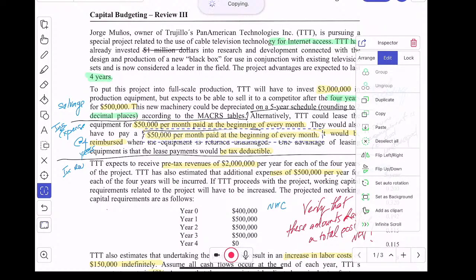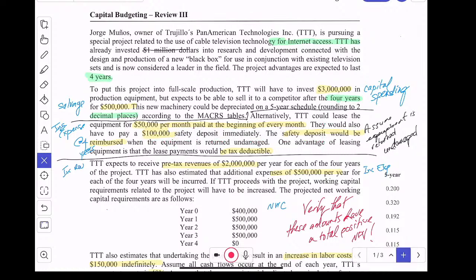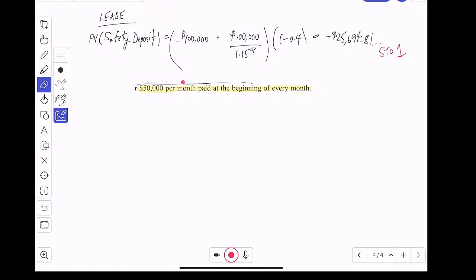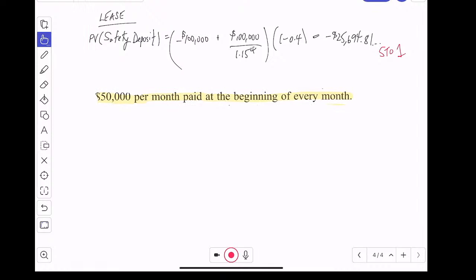How do we compute that? You want to try that part and put in the chat your result.